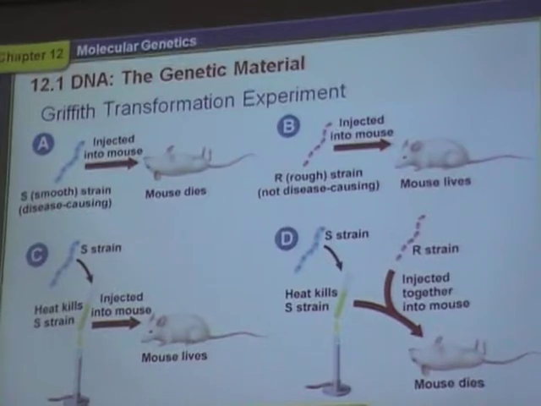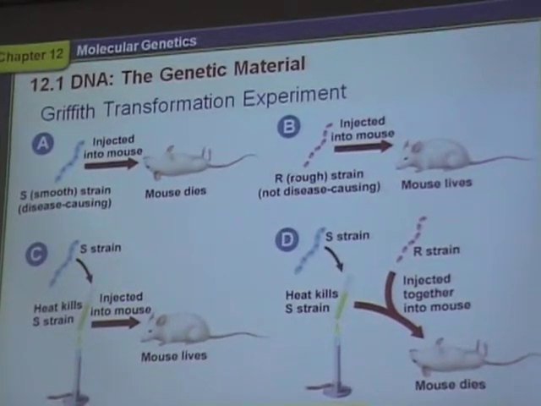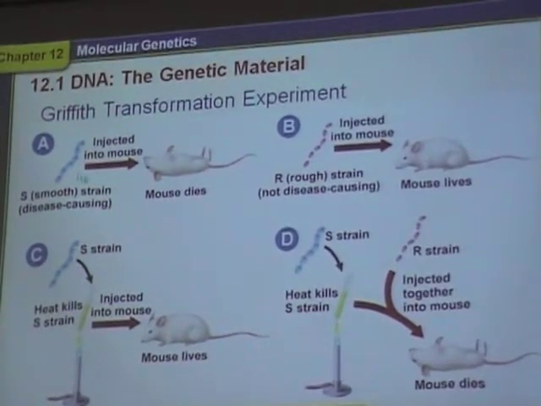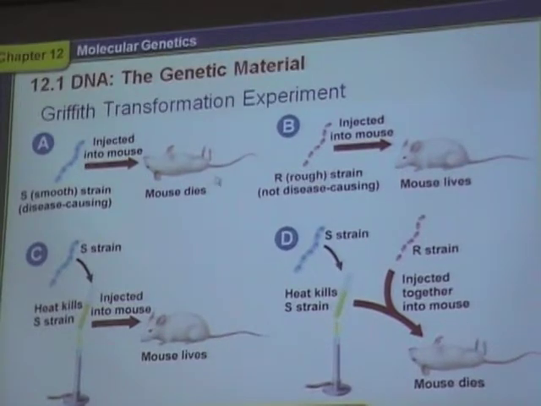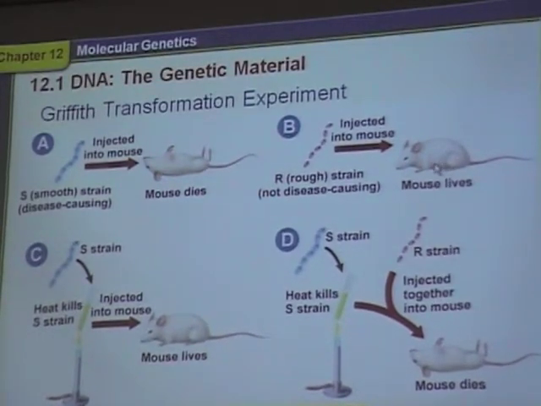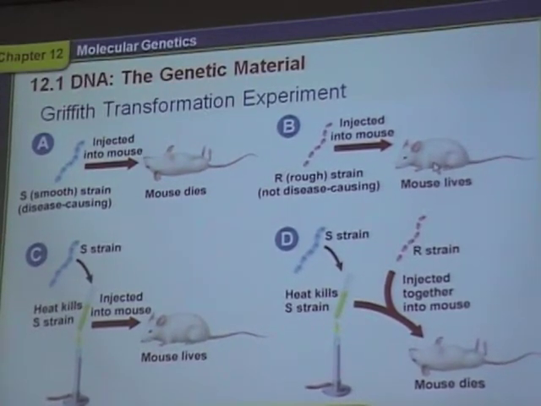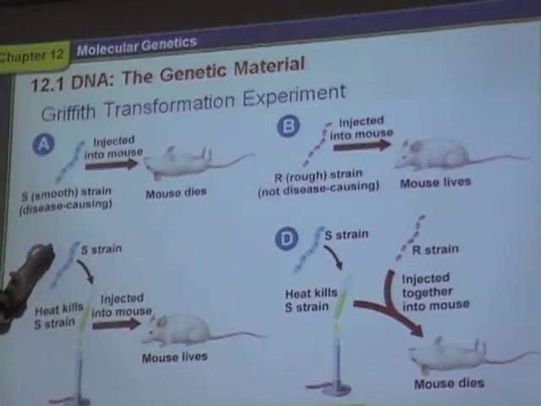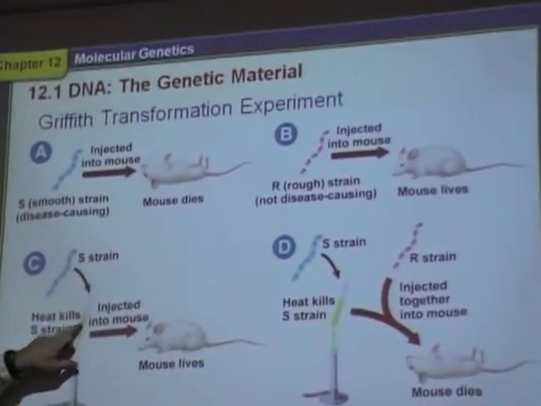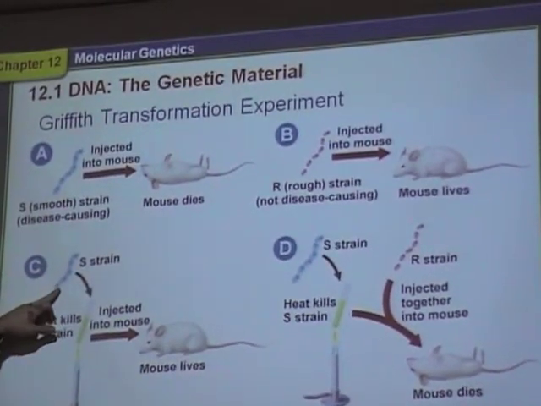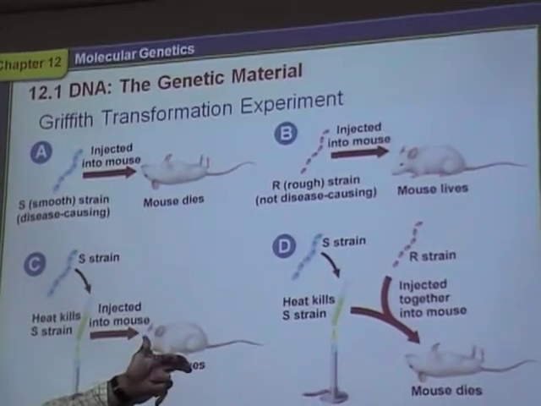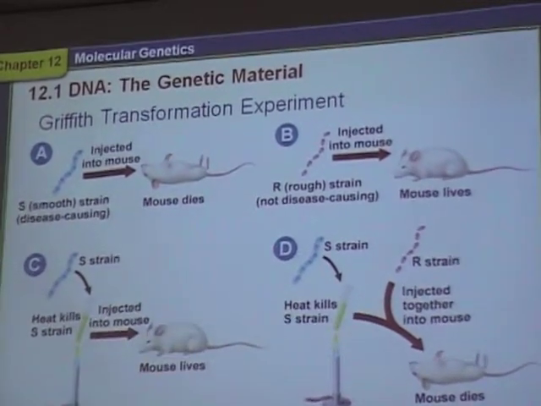Does it change the mouse in any way? No. The mouse is unaffected. These end up killing the mouse. These end up not killing the mouse. Take the S strain bacteria and heat it in a test tube so it dies, and then inject that into the mouse, and the mouse lives.